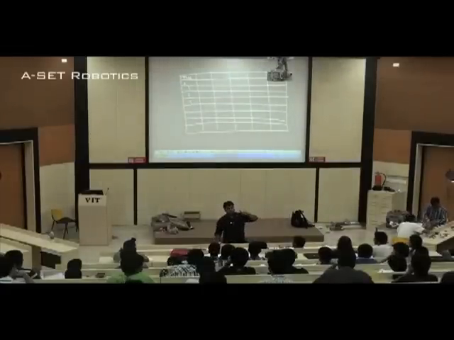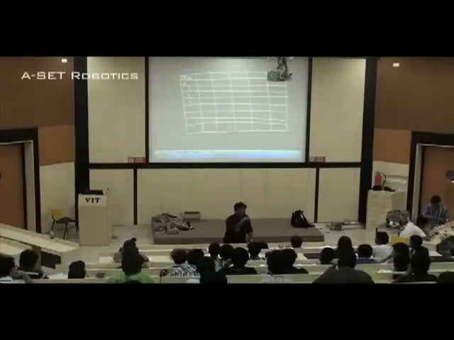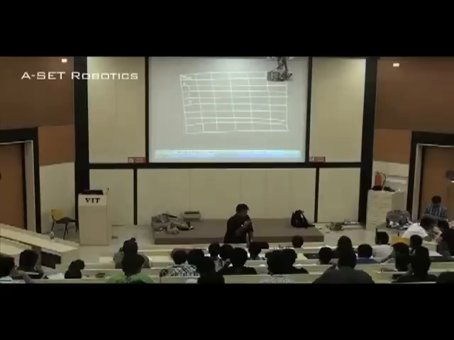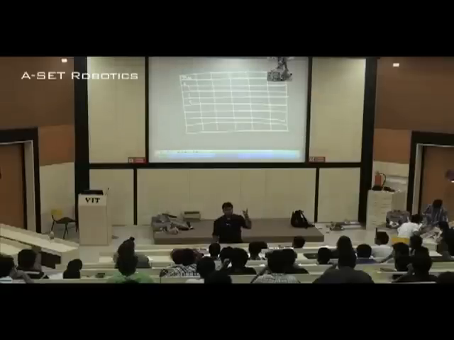If we talk about the formula, it's 2 raised to power 1, so that is 2 memory locations. If we are having 2 address lines, then it is 2 raised to power 2.